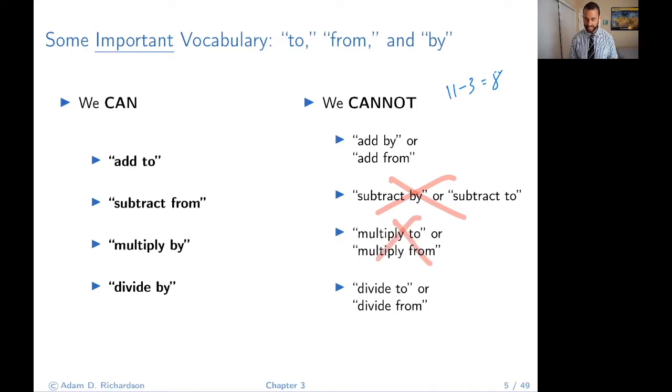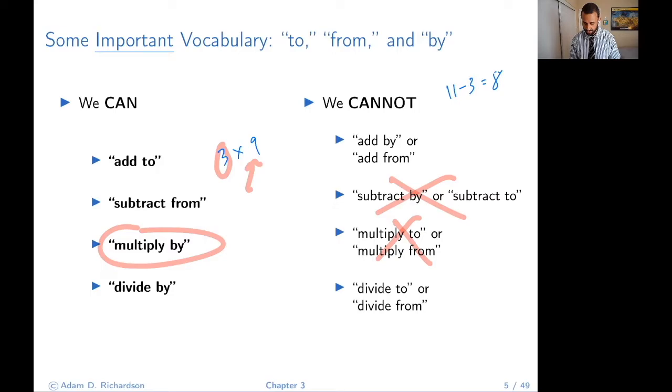Same thing with multiply to or multiply from. And this is a hard one for students to stop using, because if you say something like, 3 times 9, you might say, oh, multiply 3 to 9. That's incorrect. That's improper use of grammar. You can't multiply to, can't multiply from. You can multiply by. You can multiply 3 by 9, and you can multiply 9 by 3, but you can't multiply to.